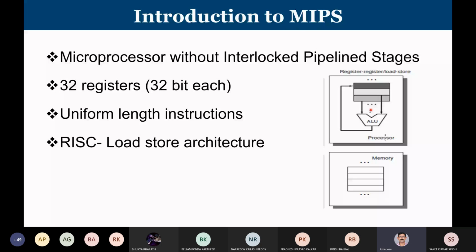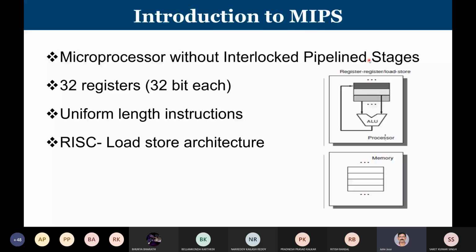So both inputs to the ALU are taken from registers and the output is also stored in a register. That means for any ALU operation, both the source operands have to be registers and the destination operand is also a register. Like add R1, R2, R3. Let's say R1 is going to be the destination register. R2 and R3 are going to be the source registers.